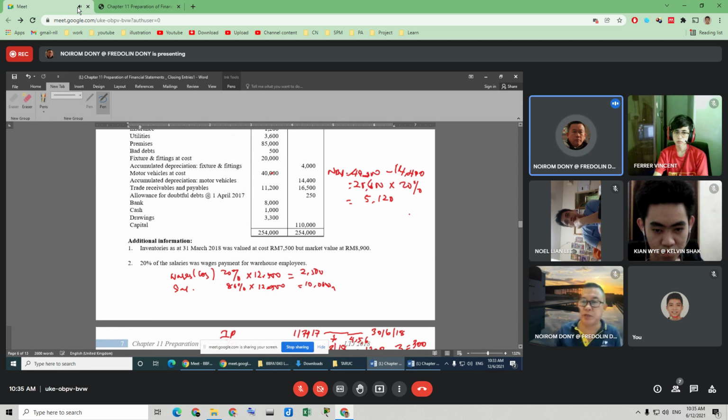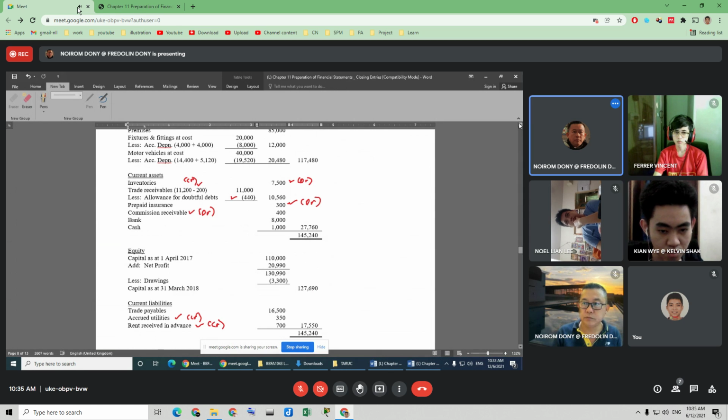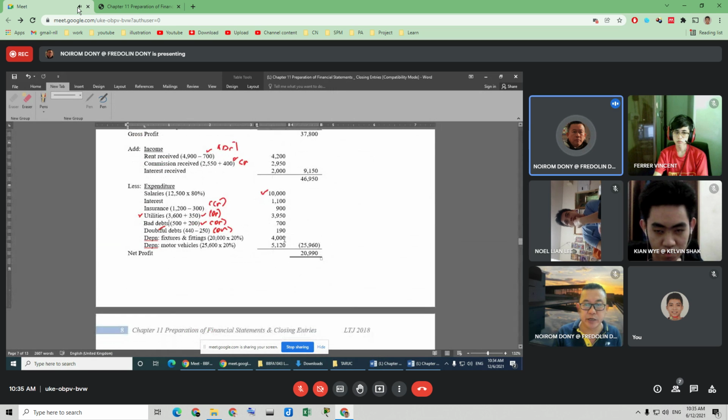So we debit depreciation, we credit accumulated depreciation. As you can see, when we provide expenses, depreciation, this is debiting. Where is the credit?